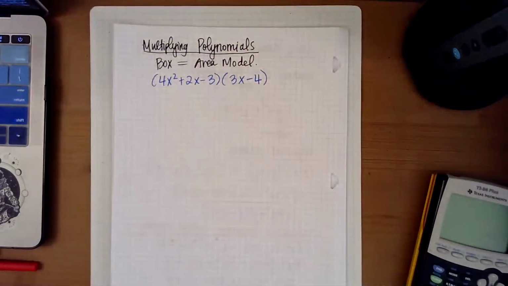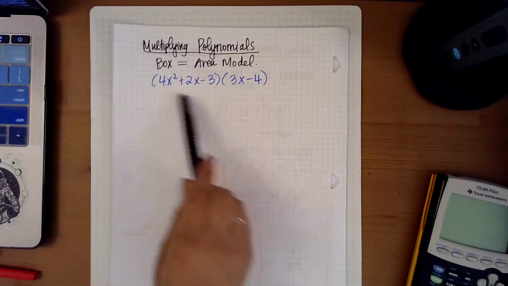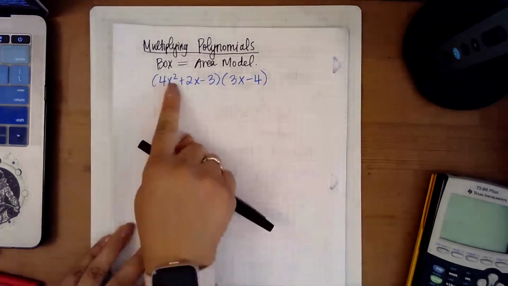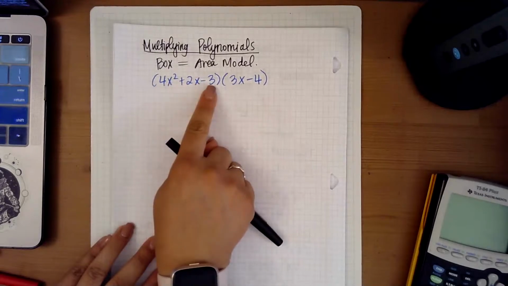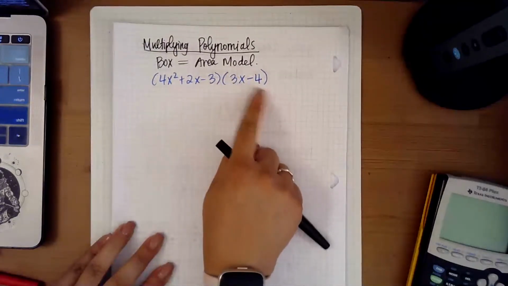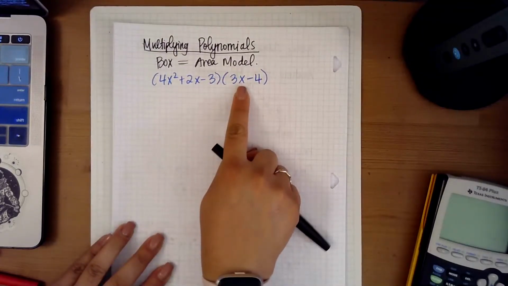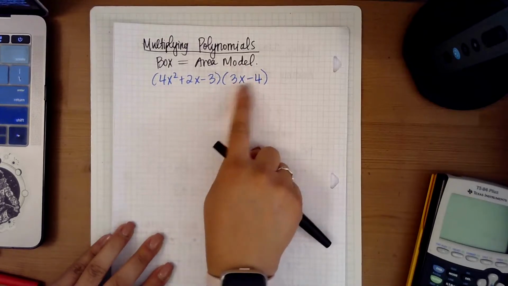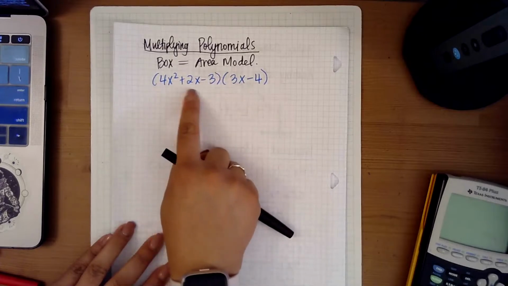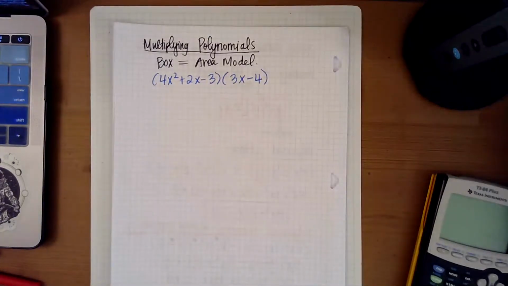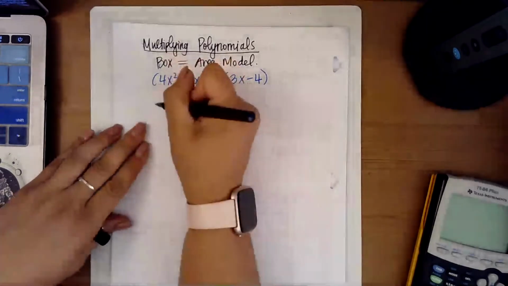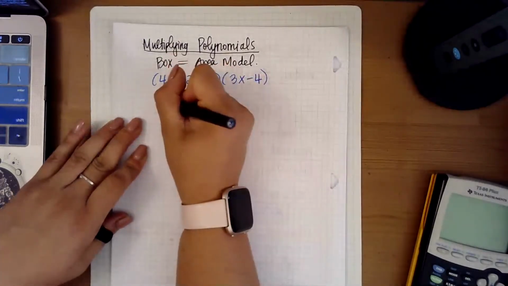Okay, so again, notice I have a polynomial here of degree 2, and it has 3 terms. And over here I have a polynomial of degree 1, because the highest power is 1, and it has 2 terms. So this one's called a binomial, and this one's called a trinomial. Cool, but poly means many, so that's why it's umbrellaed under that.